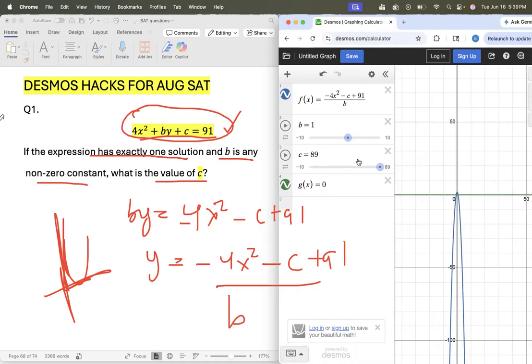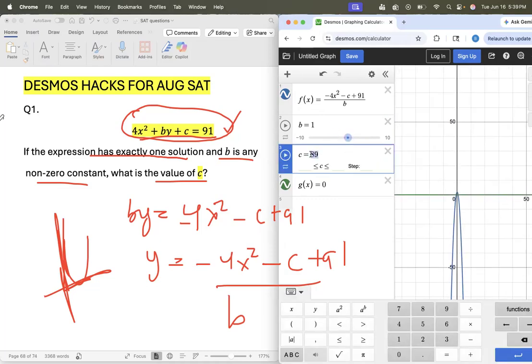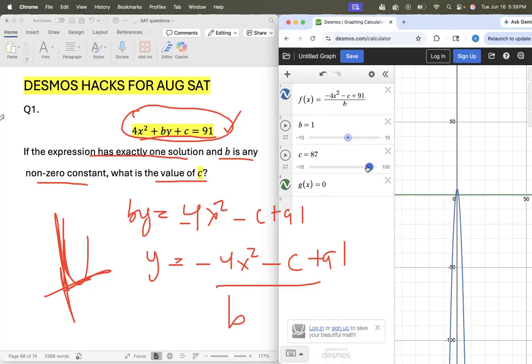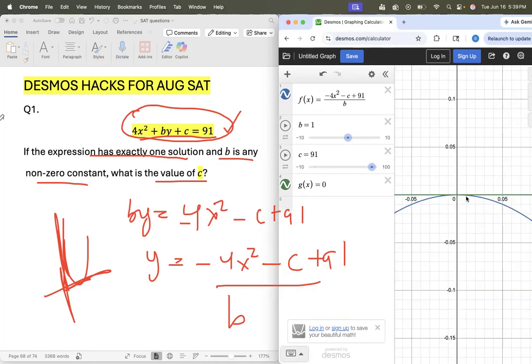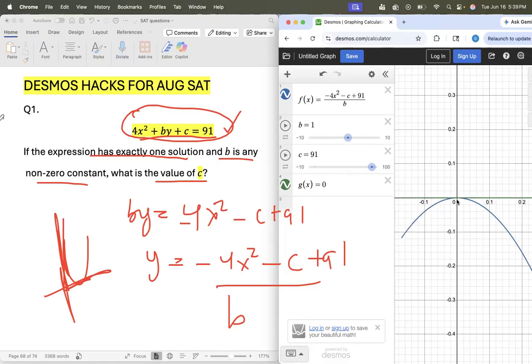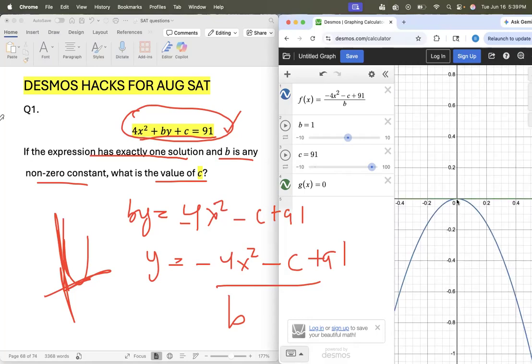You can move the slider, probably let's make it 100, and we still have a solution. So I'm going to pull this a little bit all the way here, and you can see at this point, when c is equal to 91, we attach to the x-axis. That is the value of c.